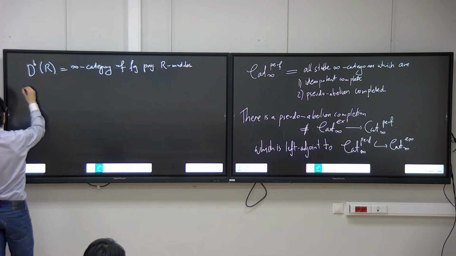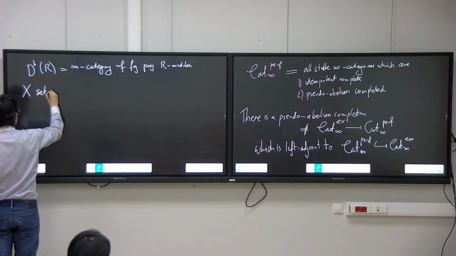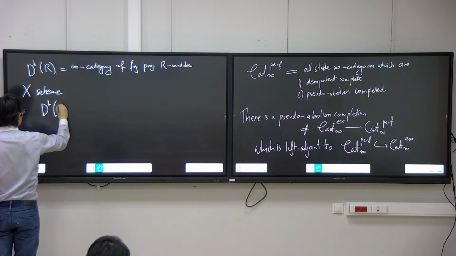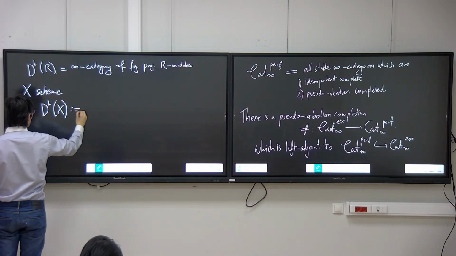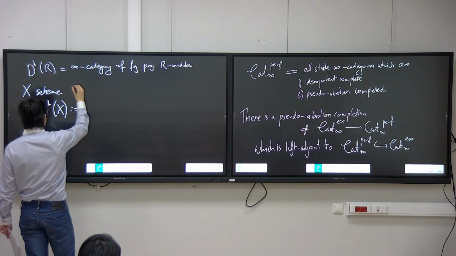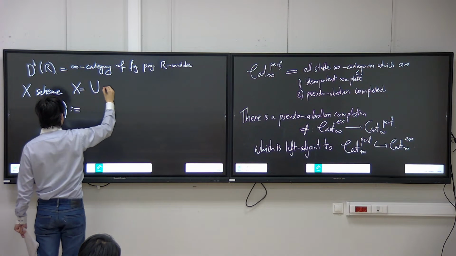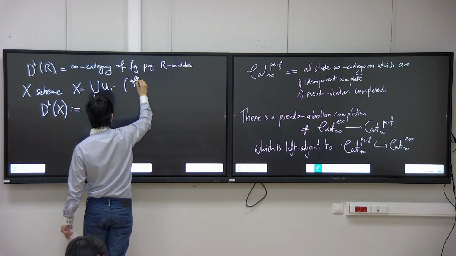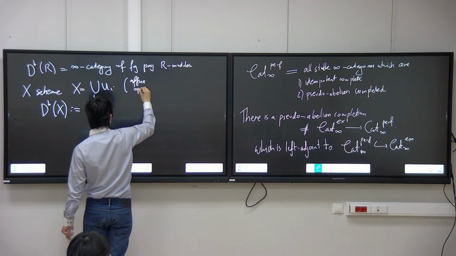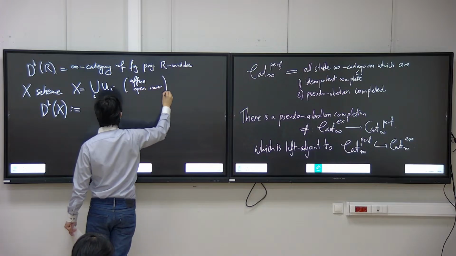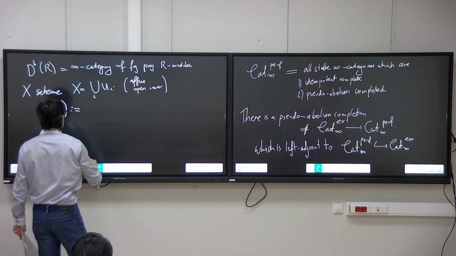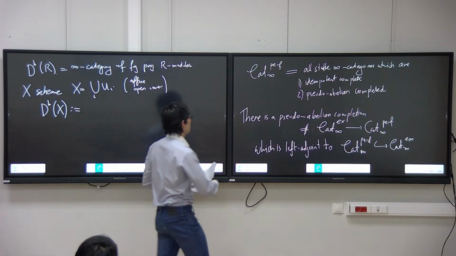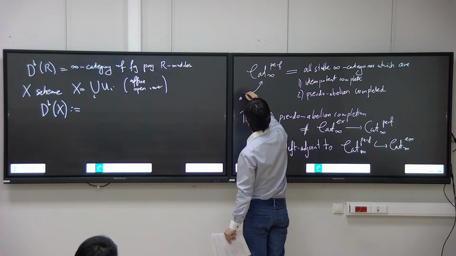We can also define, for X a scheme, something like D^b(X), where we write X with some affine open cover, because this category Cat_∞^perf basically has all limits and colimits.